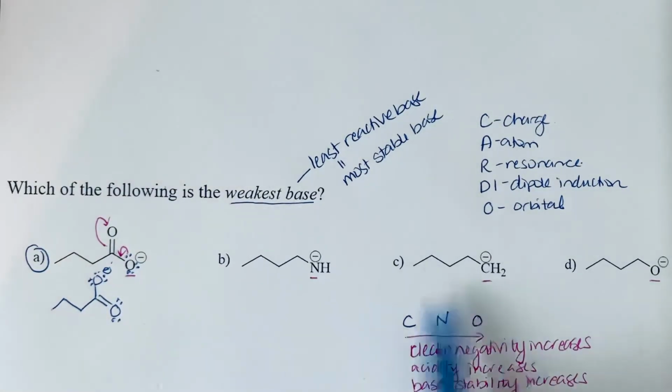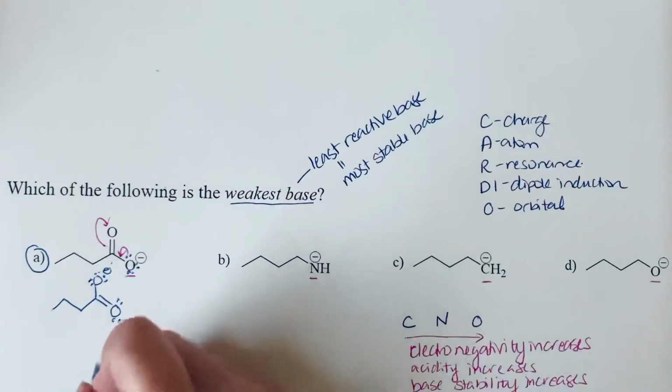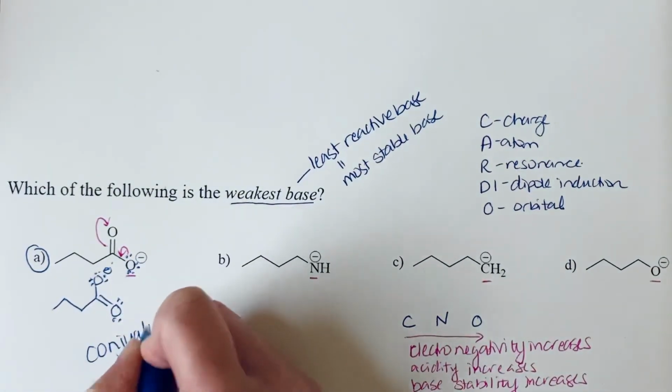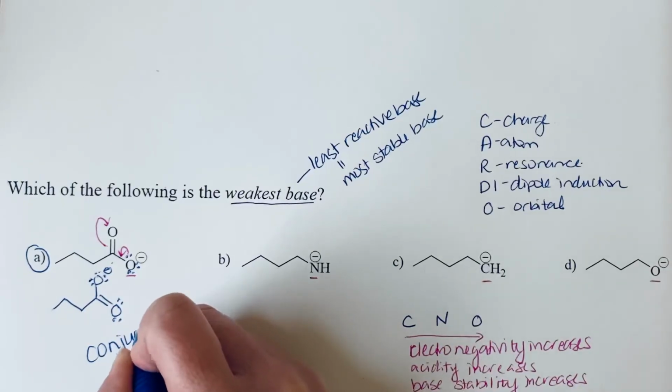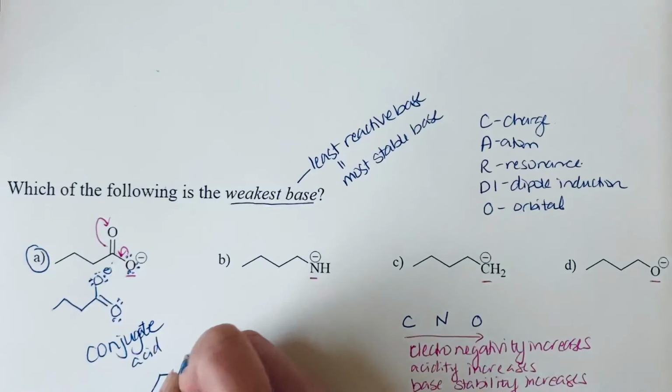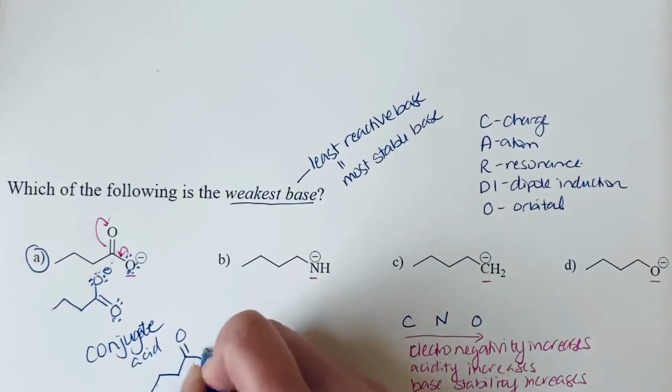Okay, so you can go through this trend in terms of the weakest base and talk about it in terms of base stability. You could also draw the conjugate acid of each of these and then compare, and you'd be using the exact same trends in terms of relative acidity. So you might recognize that if you were to draw the conjugate acid of A, you would get the carboxylic acid.